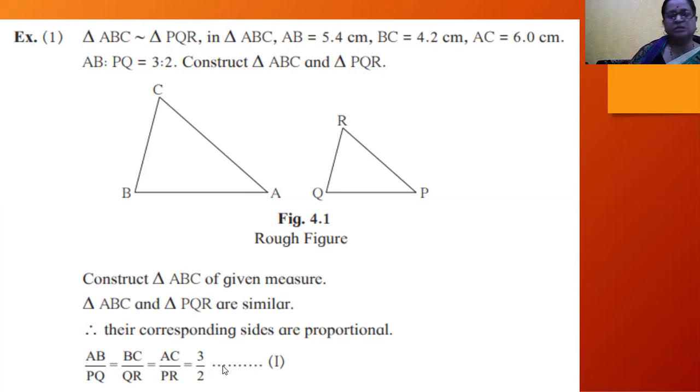Here, the equations are formed by taking these sides in proportion, and their ratio is 3 to 2.